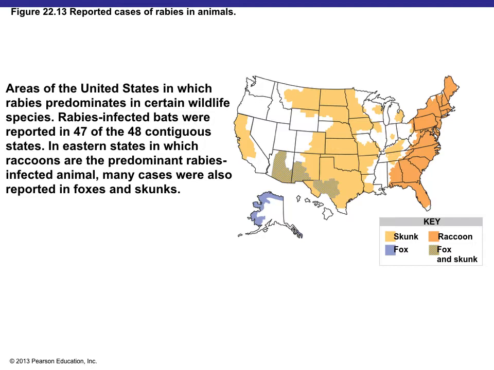And certain wildlife species, and it's shown here, and where they occur, raccoons, especially on the eastern coast side of the US, then skunks in the central parts of the US, foxes and skunks in the south central parts, and then also in foxes in Alaska.